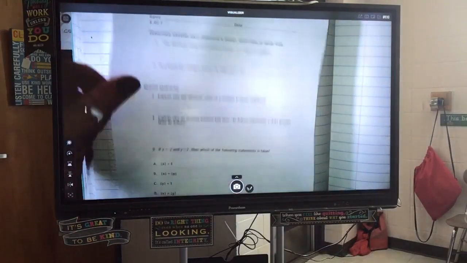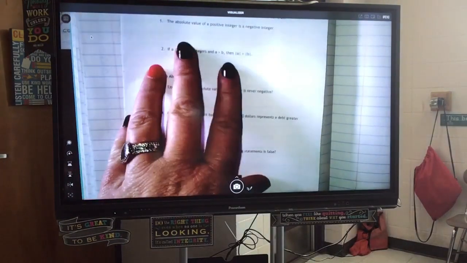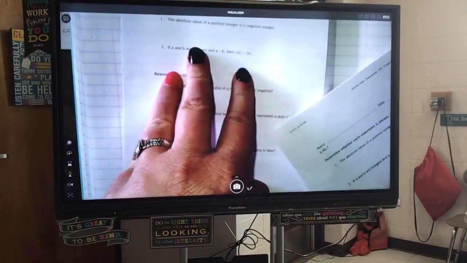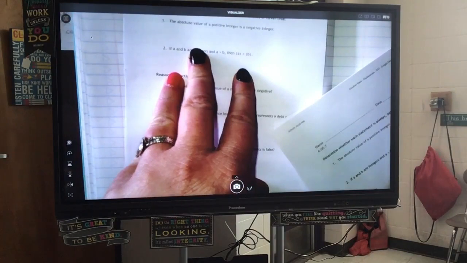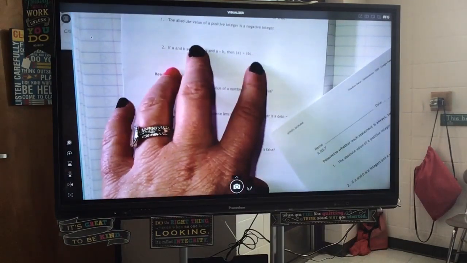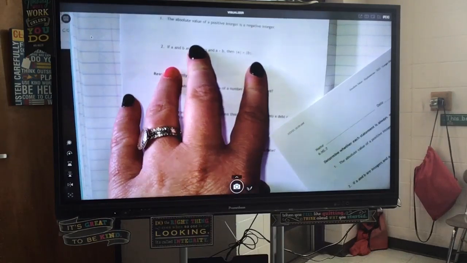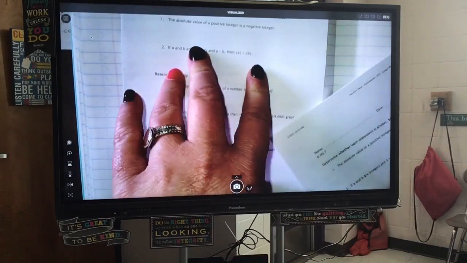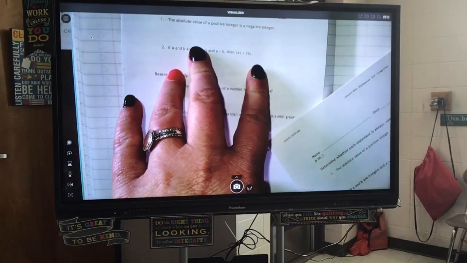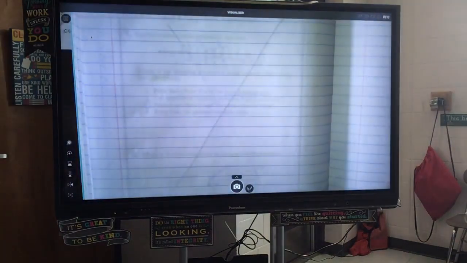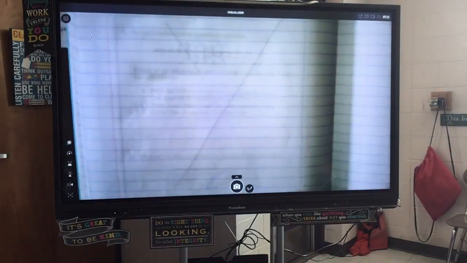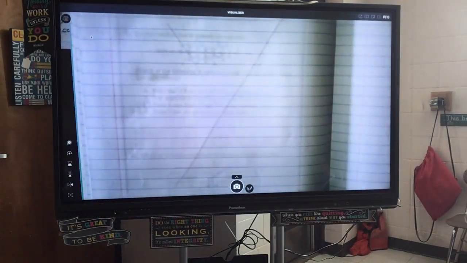On your cool down, some of it you can just write 1 or 2 words. Some of it you are going to have to write an explanation. So if you want to get full credit, you have to write more than 2 or 3 words. You might have to write 1 to 3 sentences. Does that make sense? So it's not going to be one of those things where you just write yes, no, true, false. A lot of you guys did not do good on your lesson 7 cool down.